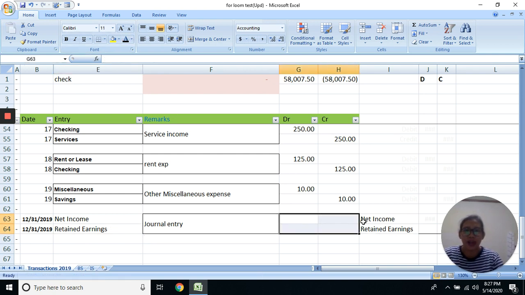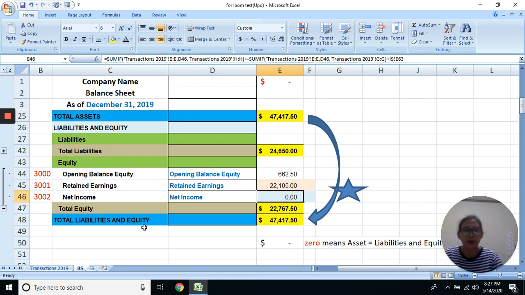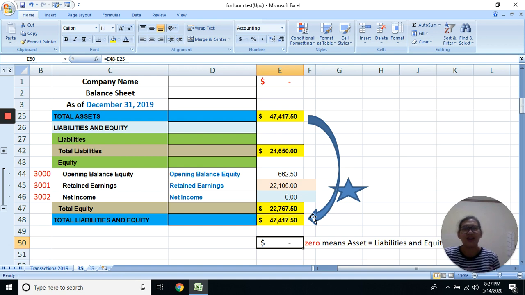So the amount is 22,105. So what happens to our balance sheet? So the data from the income statement is transferred to our retained earnings. So the result is still the same. Our total asset and our total liabilities are equal to zero. So which means our balance sheet is balanced.